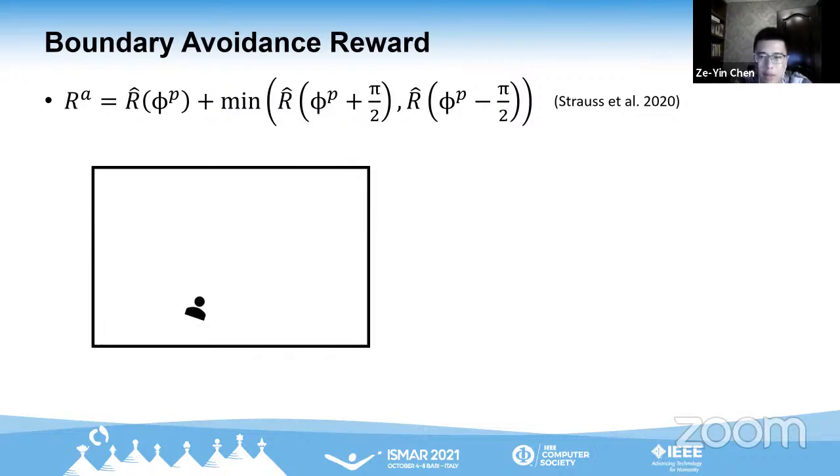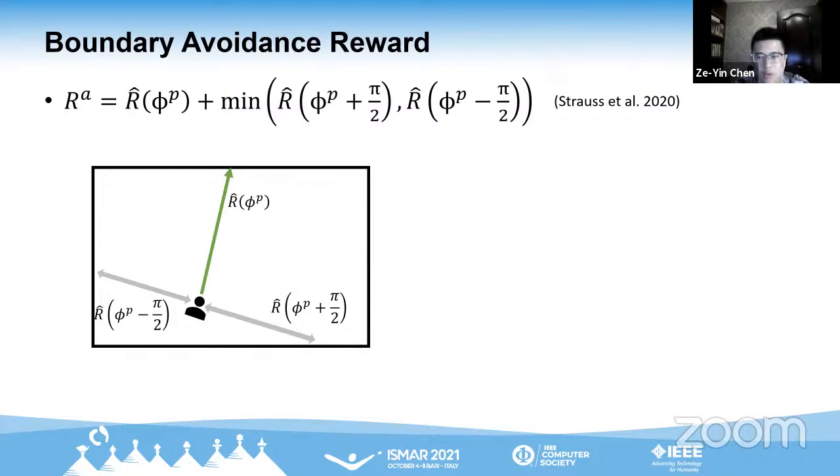It is calculated by 2 parts. First is the distance from the user to the boundary in heading direction. Another is the minimal distance from the user to the boundary in 2 directions perpendicular to the heading direction. This reward encourages the agent to move toward more open areas, thus reducing the number of resets.